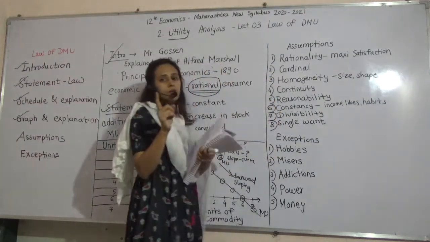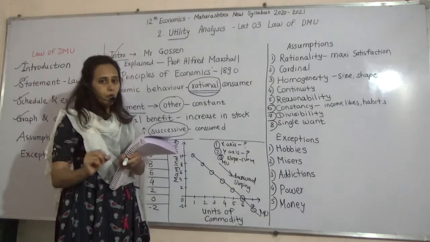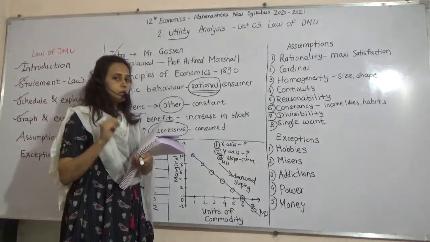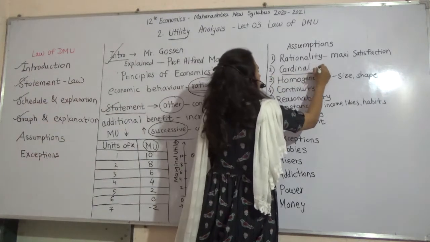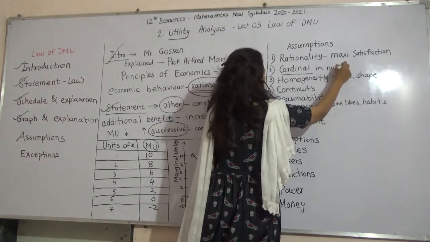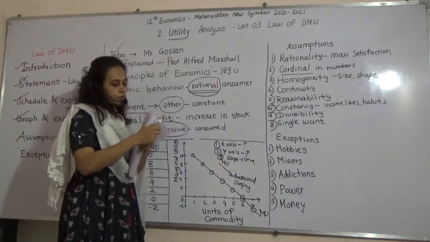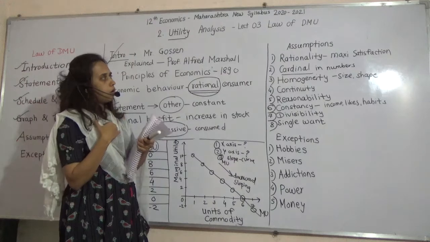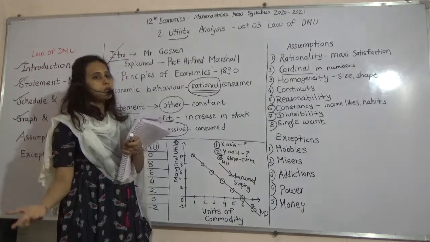Second, I have already explained to you in features that we have seen utility cannot be measured in numbers. What is cardinal? Cardinal means in numbers, and ordinal means in words. For example, I'm happy, I like this flavor, or it gives more satisfaction, it gives less satisfaction.